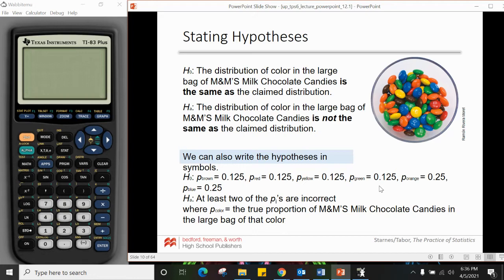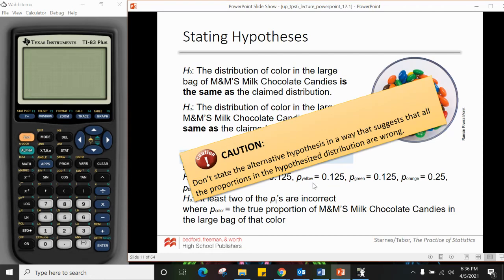You don't need all six, or as many as there are categories. You just need at least two of them. And that's what this big caution is: don't state the alternative hypothesis in a way that suggests that all the proportions of the hypothesized distribution are wrong, just that some of them are, in this case, at least two.